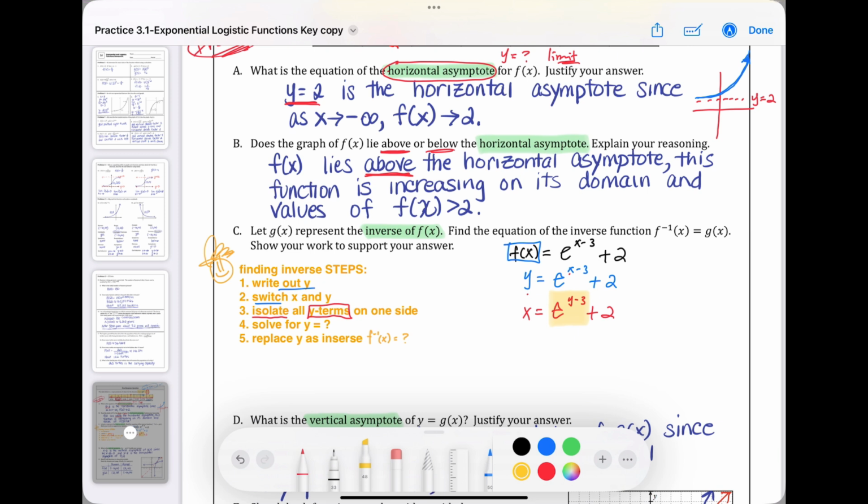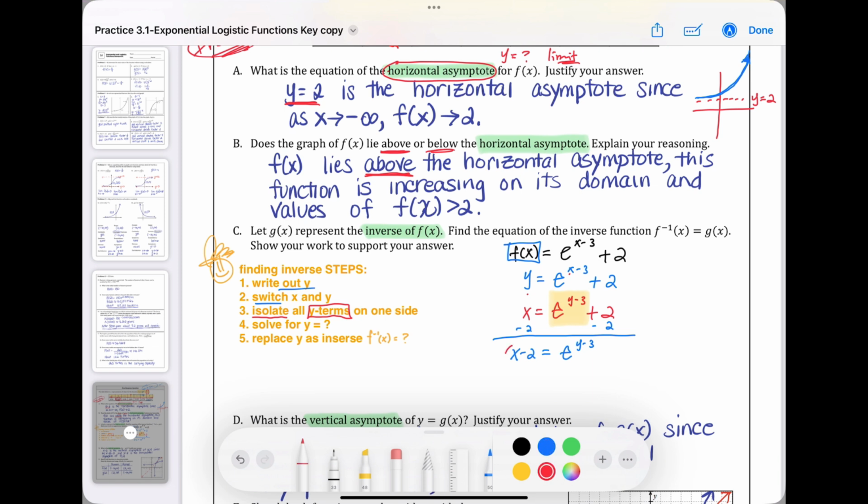So I'm going to make this by itself. How do I do that? On both sides I am going to subtract 2. So therefore, I will get x minus 2 is equal to e to the y minus 3 power. Now, here comes what we mentioned about the exponential function and log function. They are inverse functions, right?